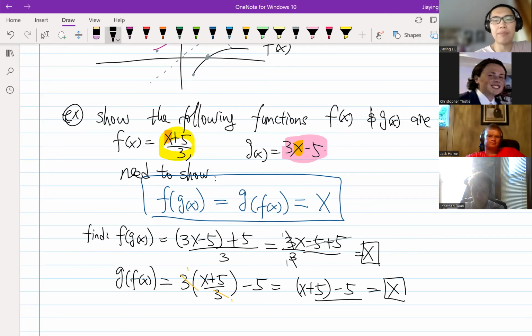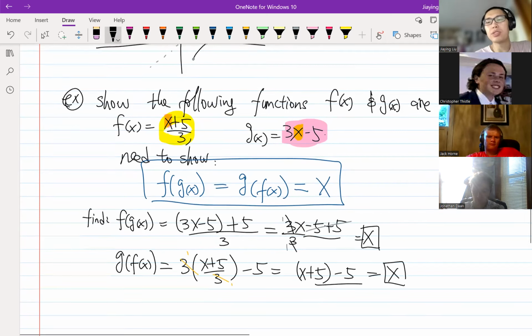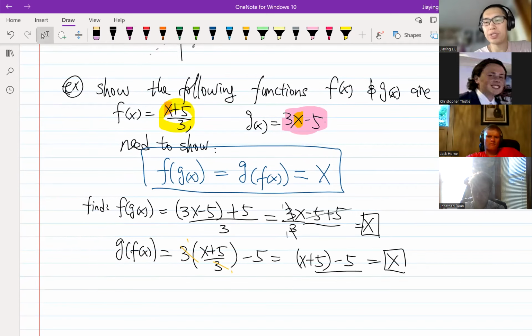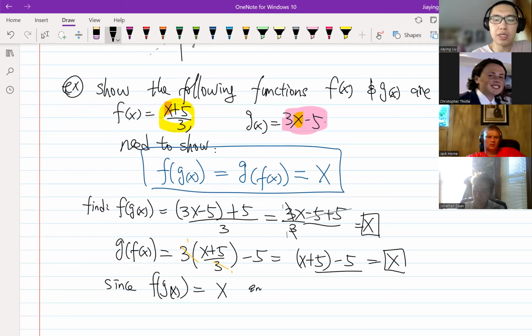So now we have shown that both compositions of the functions equal x. Since f of g of x equals x, and g of f of x also equals x, f and g are inverse functions.